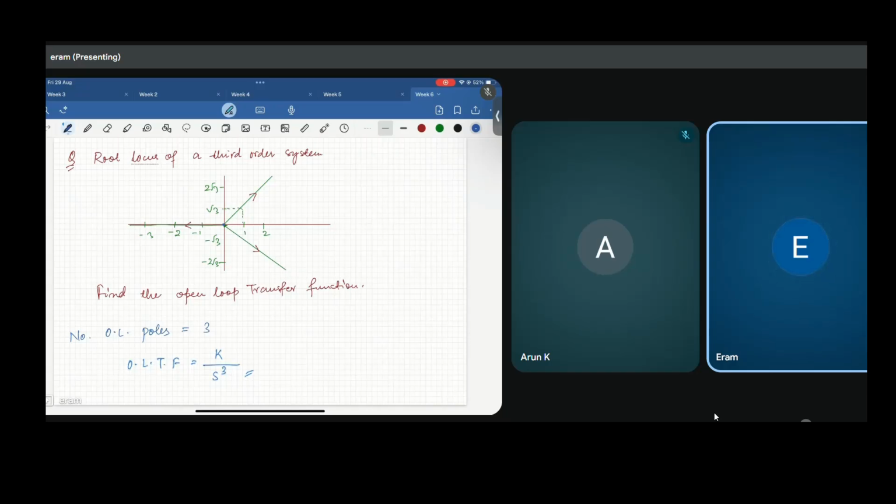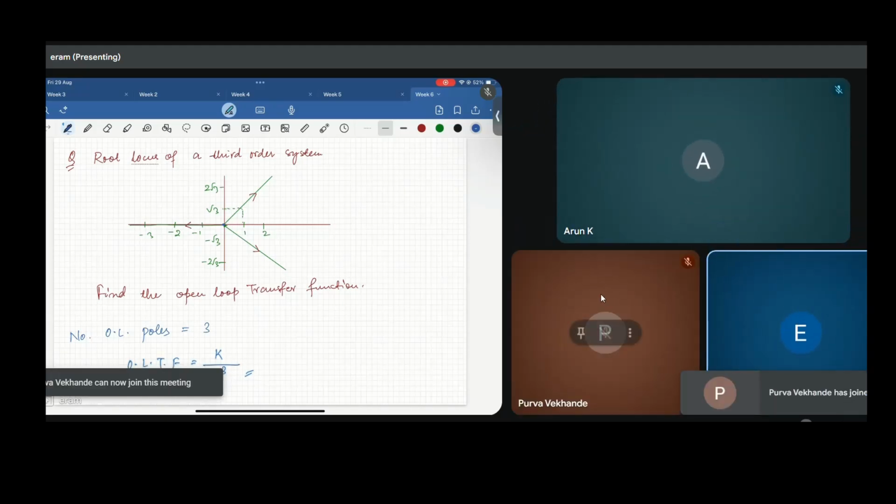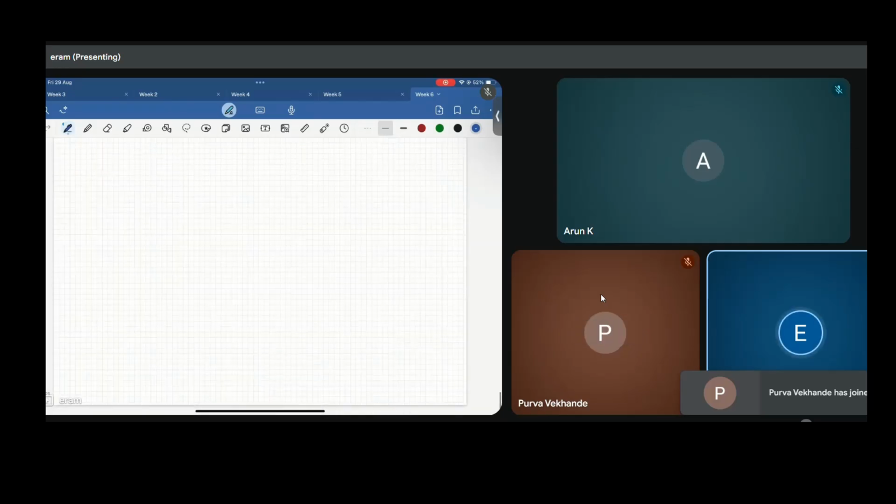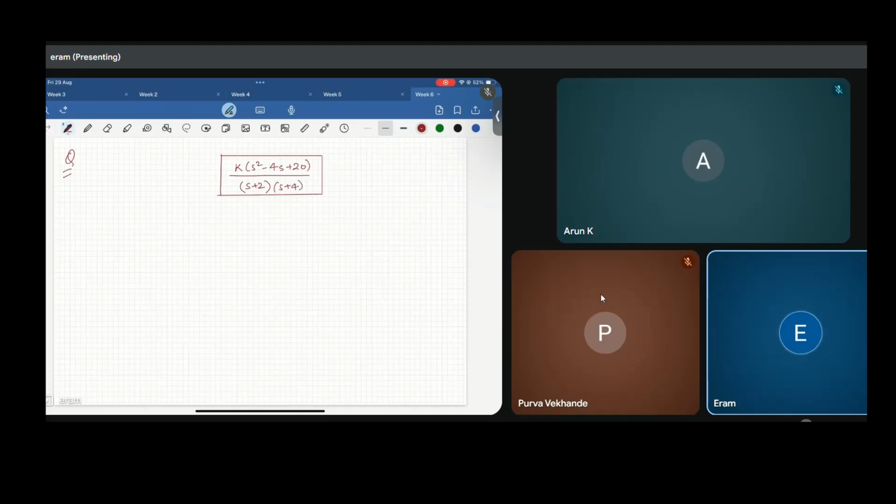Let's do some more problems. In the next problem which is given to us, we have a transfer function which is k times s square minus 4s plus 20 divided by s plus 2 and s plus 4, and this is closed with a unity negative feedback with input r.